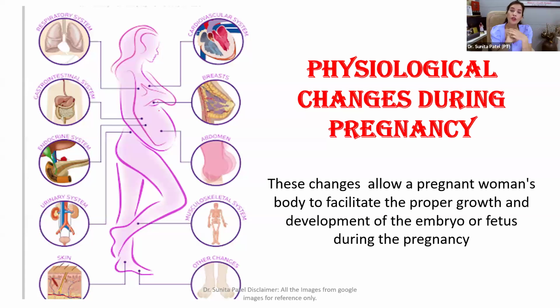My heart is sufficient for my body, but now the demand of the body has increased. To meet that demand, the size of the heart is going to increase. It might be a surprise to all of you, but the heart will be more relaxed compared to before, so the cardiac muscles of the heart will be more relaxed.